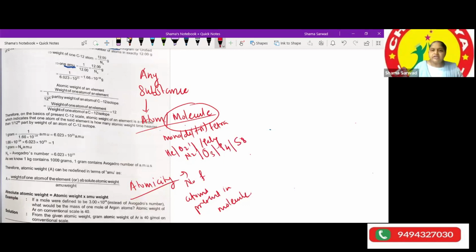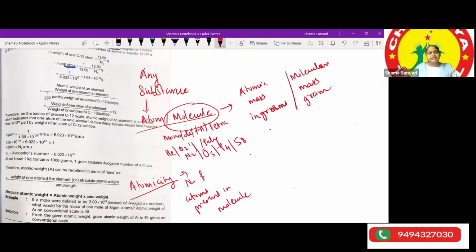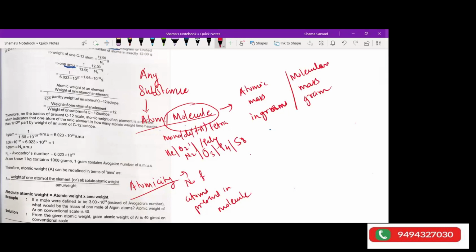So after checking that, if it is an atom, you have to write its atomic mass in grams. And if molecule is given, you have to take the molecular mass, and that also you have to take in grams.